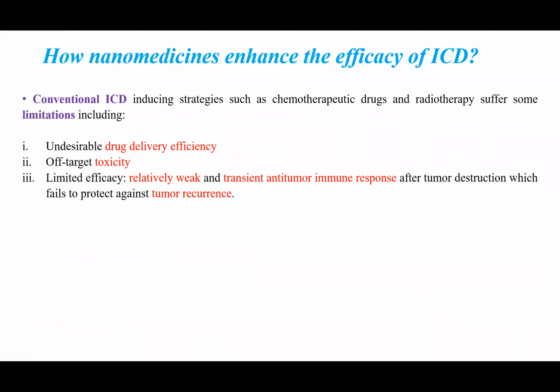Now, the incorporation of immunogenic cell death inducers into nanomedicine can help increase the efficacy of immunogenic cell death induction. Because usually the conventional immunogenic cell death inducers suffer from limitations, including undesirable drug delivery efficiency to the tumor, off-target toxicity, also limited efficacy.